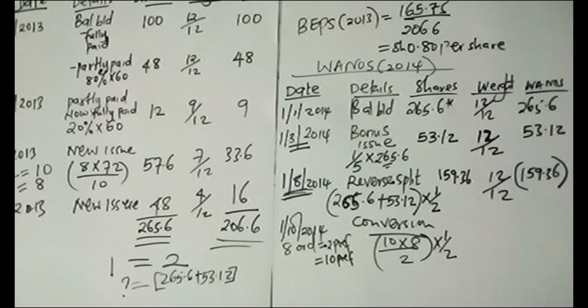That is, the 10 million was converted to ordinary shares after August 2014, because that is the period of the reverse. For anything coming after, you have to reverse because it has not been reversed, which is the opposite of a share split. I think you remember that. So if you take 10 times 8, divide by 2, that is 40. 40 divided by half.